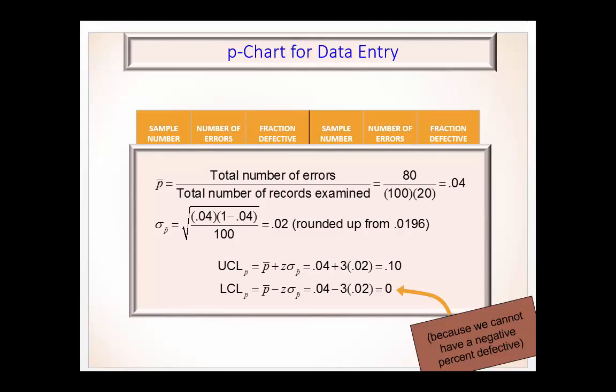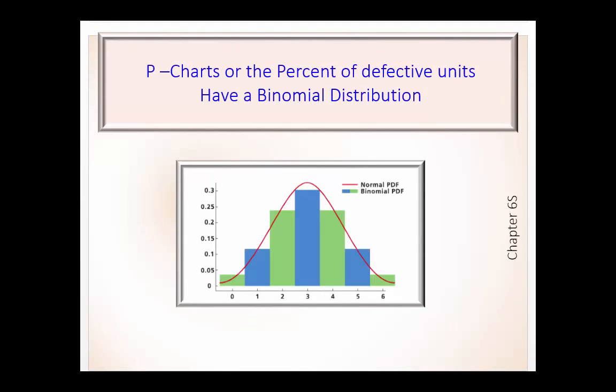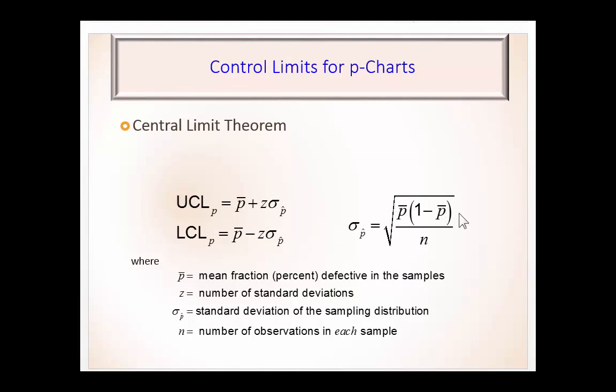And another important piece of information with all of this is that the type of distribution that the P-chart takes on is the binomial distribution, which acts normal in many ways, but has this bit about either you have it or you don't have it, and that enables us to calculate the standard deviation slightly differently, which is way easier really than the standard deviation of a continuous sample.